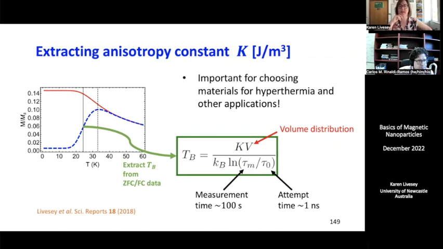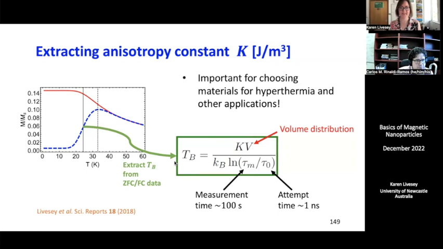And we can actually calculate it to more accuracy than that, and I can point you to the formula to do so. But the reason we get away with saying it's about 1 nanosecond is because it's in this natural logarithm. Because it's in a natural logarithm, we only really need to be in the order of magnitude, and we don't change our result dramatically for the blocking temperature or the anisotropy constant, depending on what I'm trying to find.